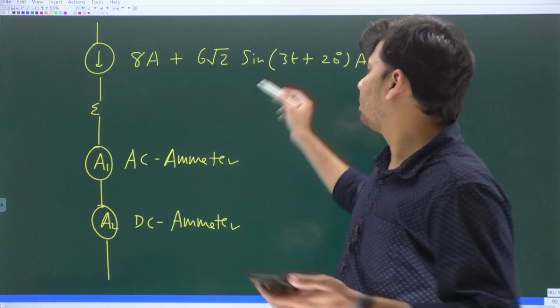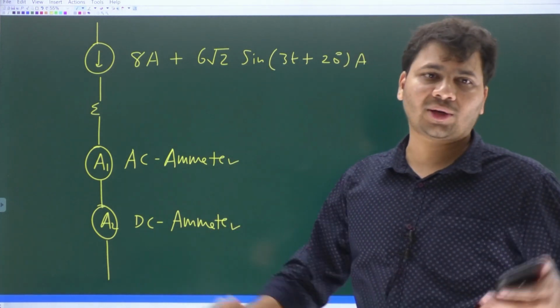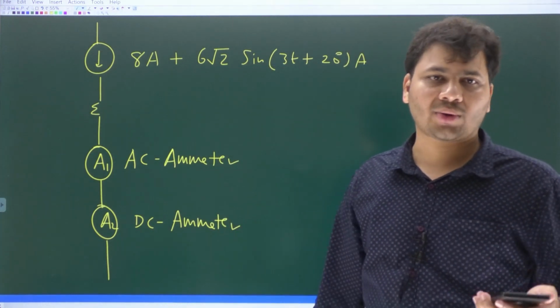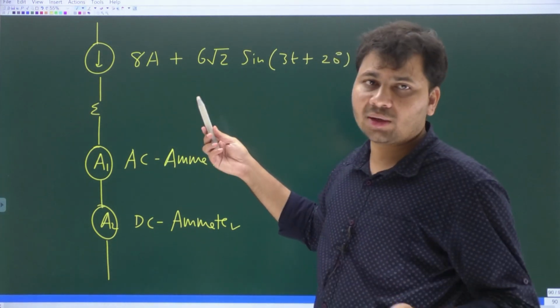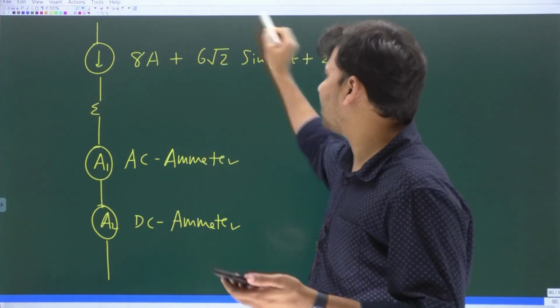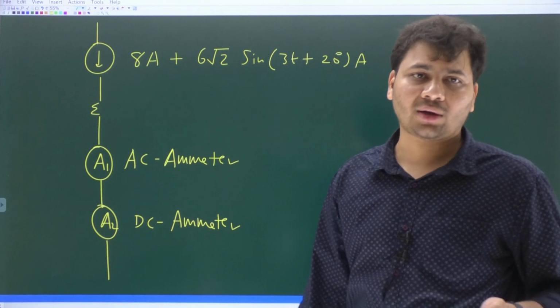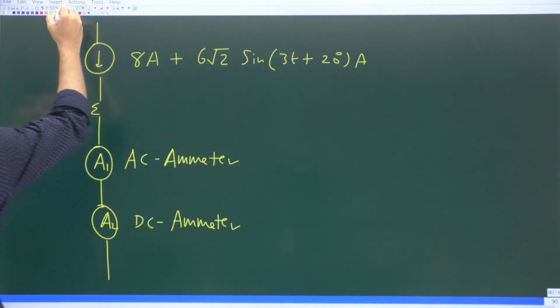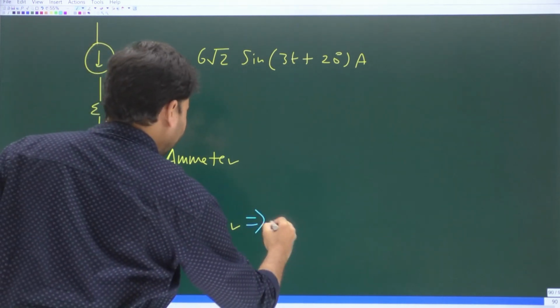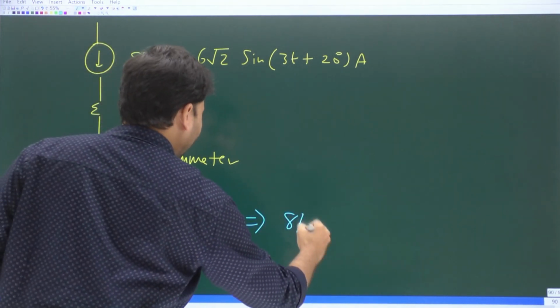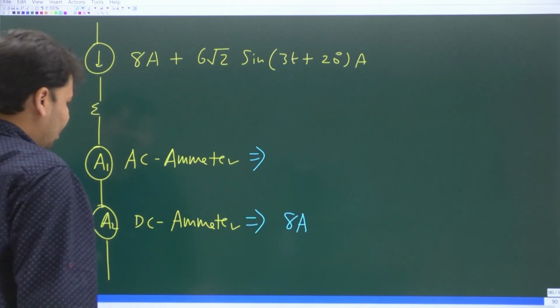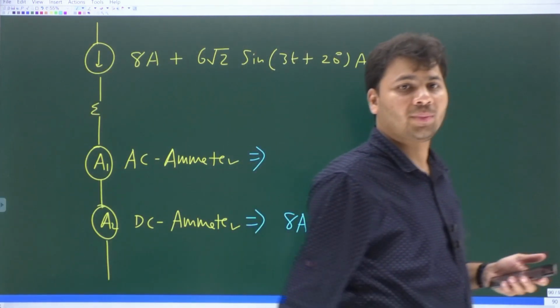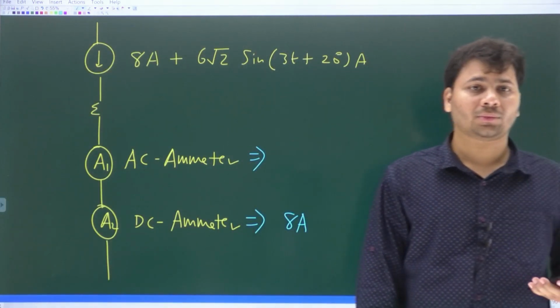For the second term, 6 root 2 sine something, the DC or the average value is going to be 0. So the net average value will be the average value of this term plus the average value of the second component. So the DC ammeter will read 8 amps. Now my question is, what is the AC ammeter going to show?